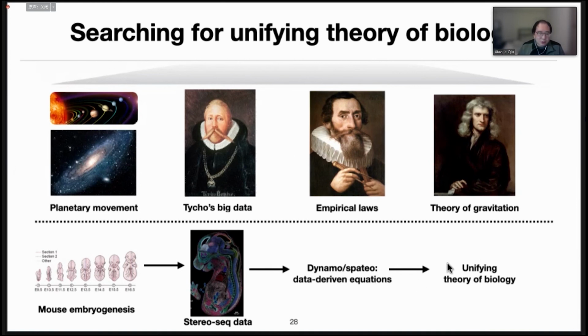Eventually, this will lead to theories of biology. And in many ways, this is similar to collecting the big data of planet movement, which then led to the discovery of empirical laws by Kepler and then the theory of gravitation by Newton.